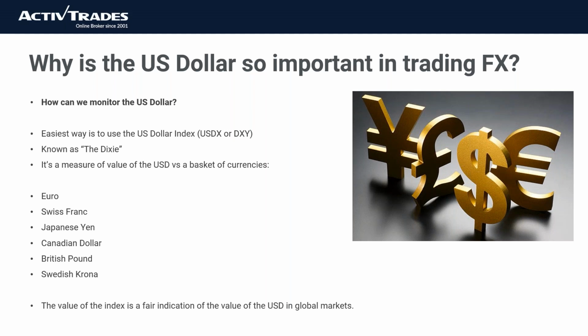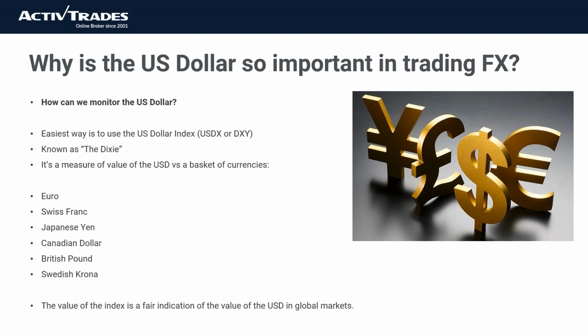It is a measure of the value of the US dollar versus a basket of currencies. You can see there the currencies it's held against: the euro, the Swiss franc, the Japanese yen, the Canadian dollar, the British pound, and the Swedish krona.